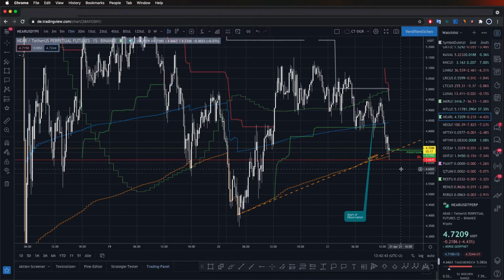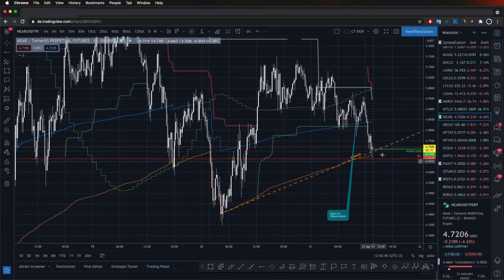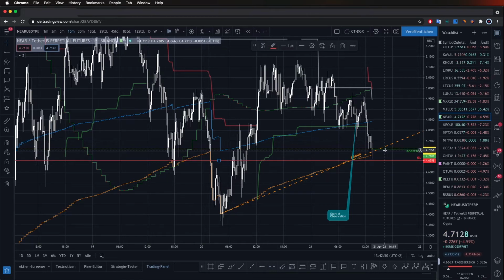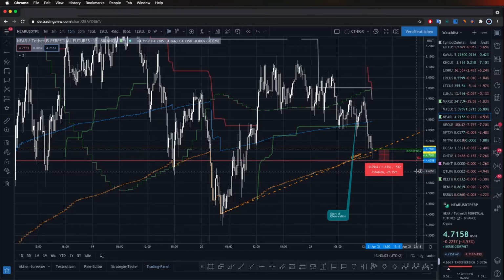Yeah, difficult to say. With this long wick now, I could think about just going beyond here, giving it just a very small range to play. It would be already, with an X10 leverage, like 11.5%.